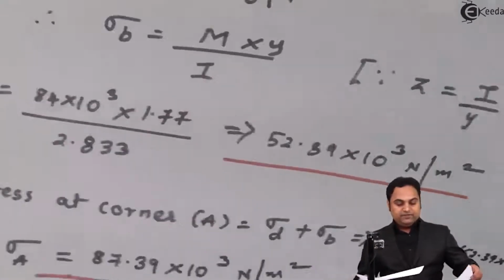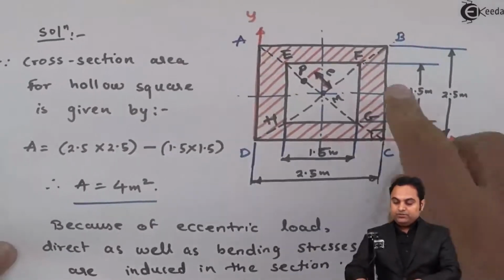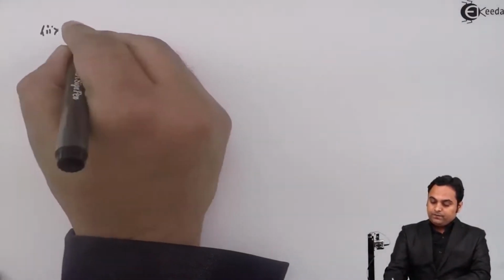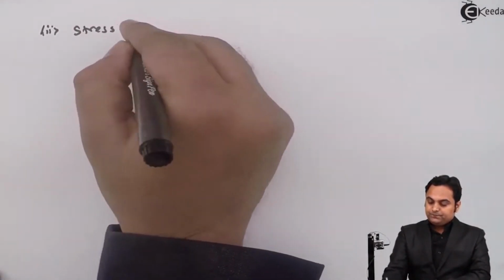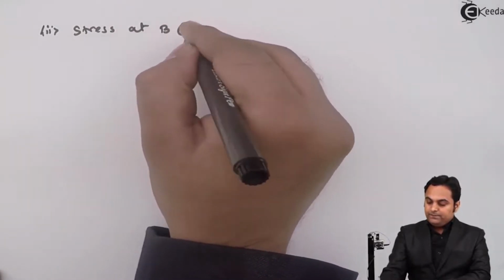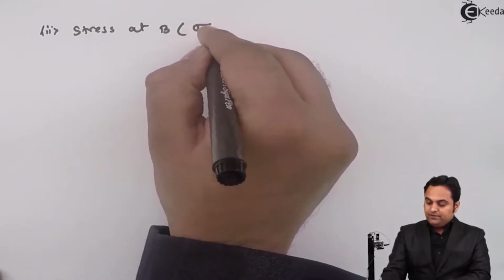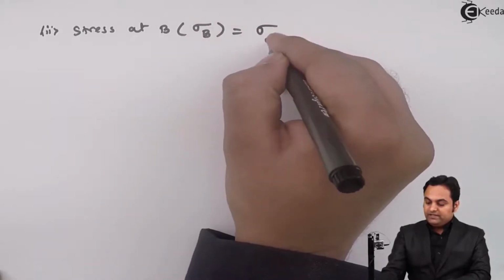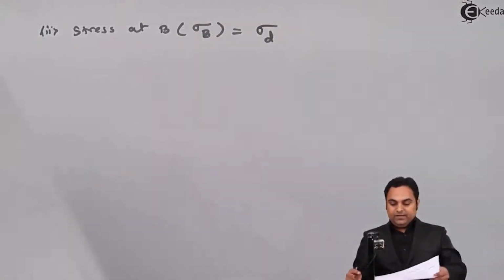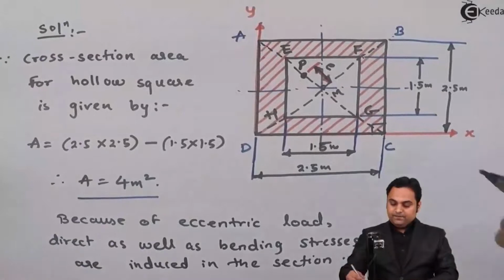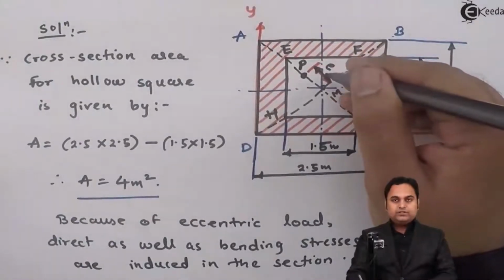Now after getting stress at A, the next thing is to calculate stress at B. Direct stress will be there on all the corners, so stress at B, sigma_B, is equal to direct stress. As we see, the eccentricity is located at 0.6 meter distance.